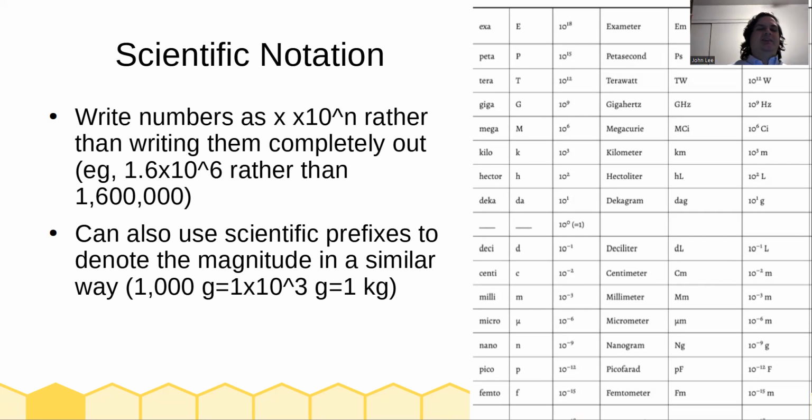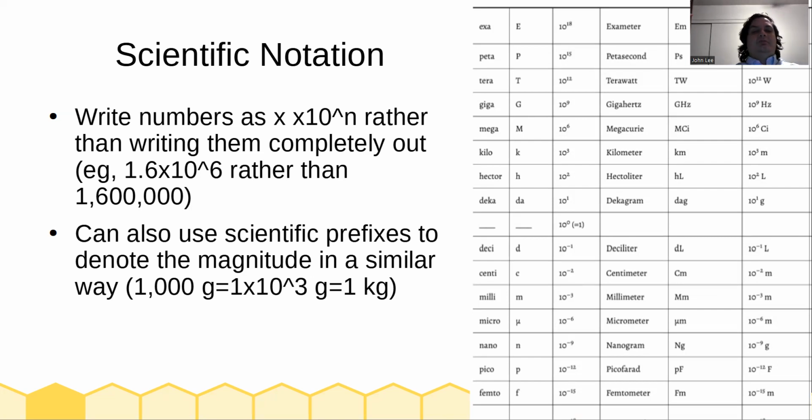And you can also use scientific prefixes or Greek prefixes to denote the magnitude. So 1,000 grams is equal to 1 times 10 to the third grams, because there's 1 one and 3 zeros to the right of it. So it's 1 times 10 to the third.